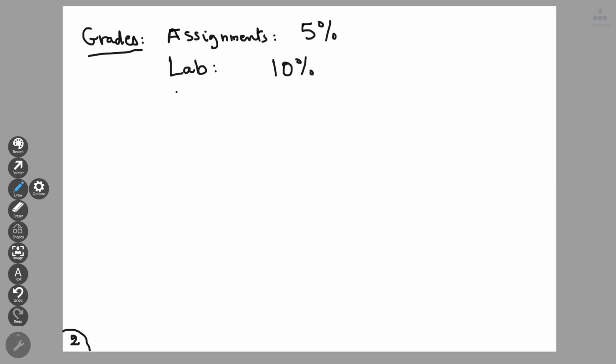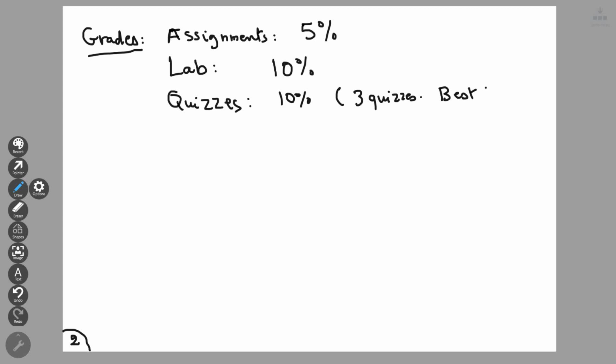And then we'll have quizzes. Quizzes every maybe 3 or 4 weeks, we'll have one quiz. So in total, we'll have 10% based on 3 quizzes. But I will count the best 2.